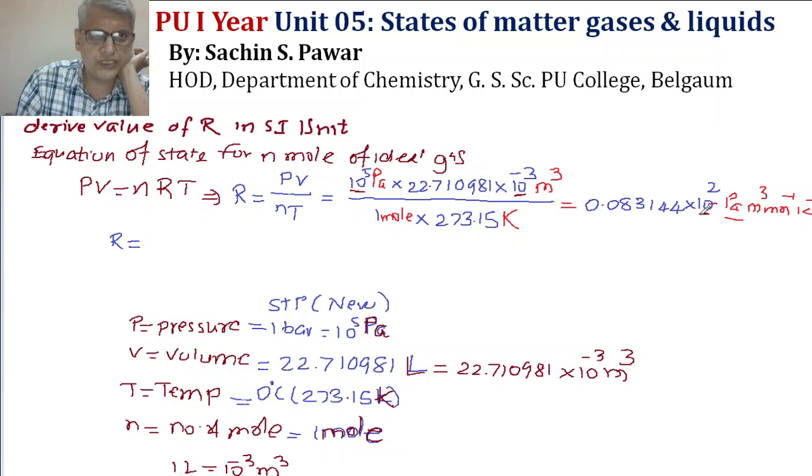If I want to remove this 10 to the power 2, I'll write this in scientific notation. The decimal point will shift to the right by 2 places, and it becomes 8.314 Pascal meter cube per mole per Kelvin.